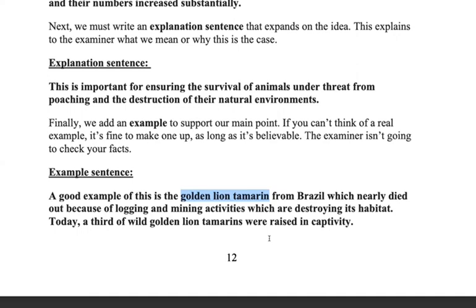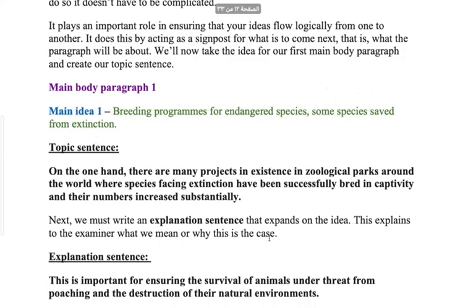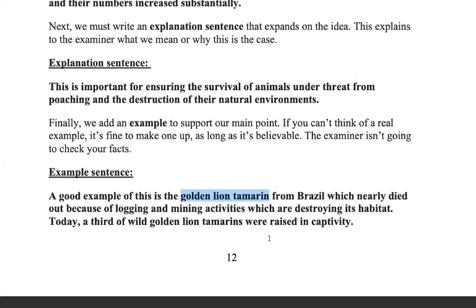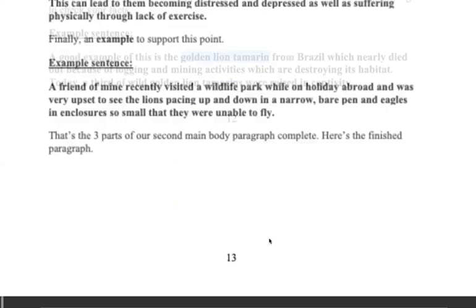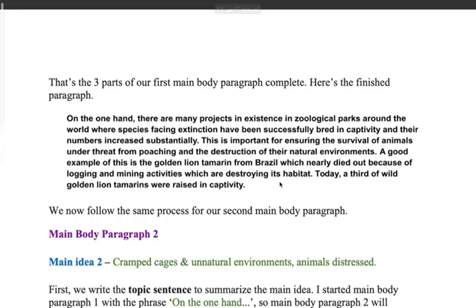So that leads to destroying its habitat, their homes and environment. So today, a third of wild golden lion tamarins were raised in captivity. So this is a good way of the zoos or cages. Okay. Let's move on to the second point.